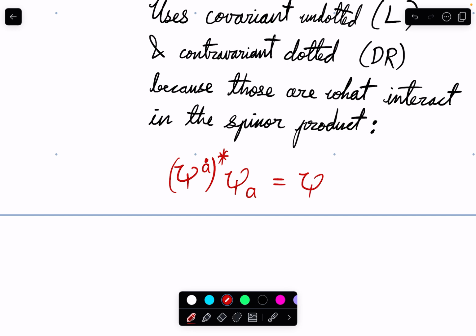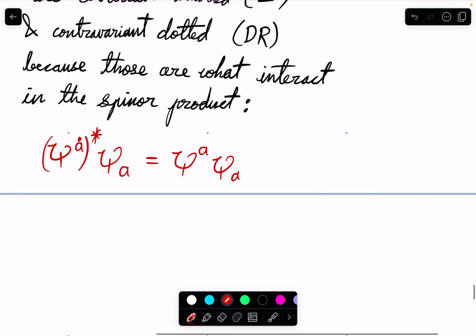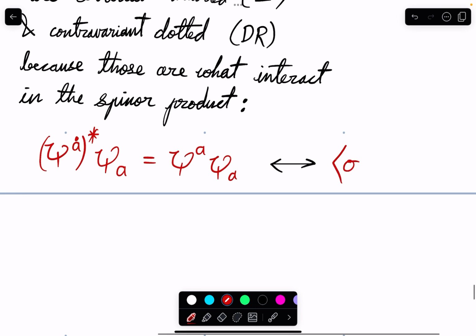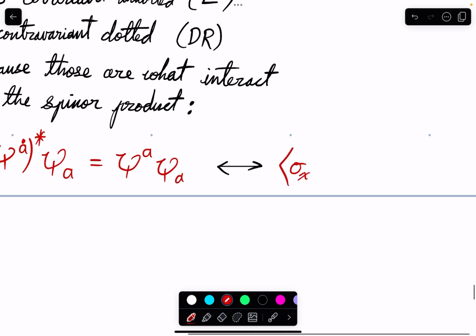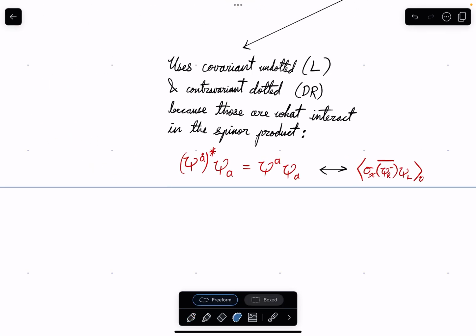And that just makes it like this, which corresponds to taking the right, which corresponds to this product.